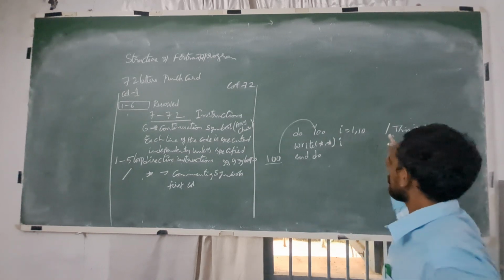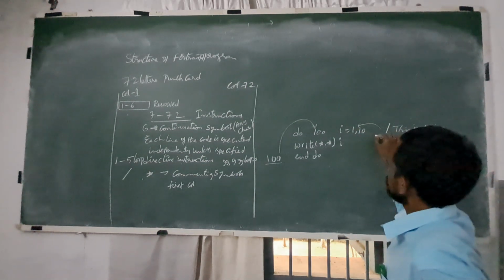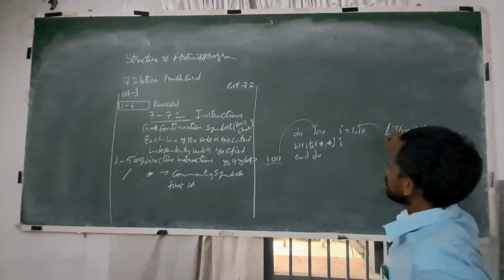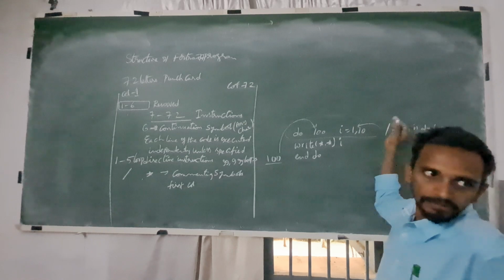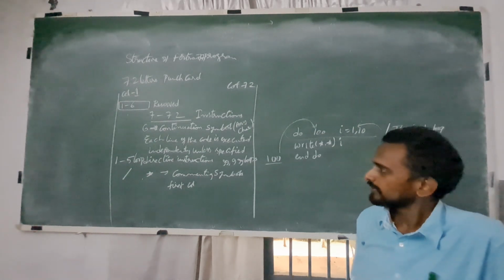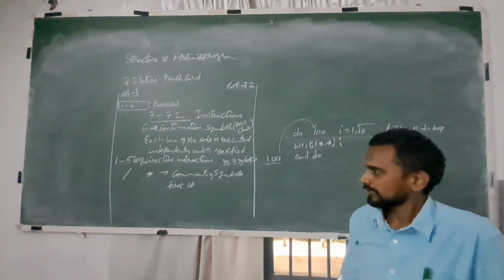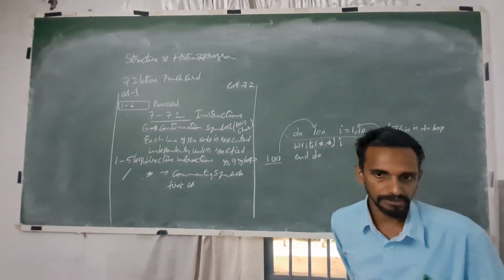Before this commenting symbol, the text will be considered as instruction, and after that it will be considered as comment. If it is used in the first column, the entire line will be considered as a comment.